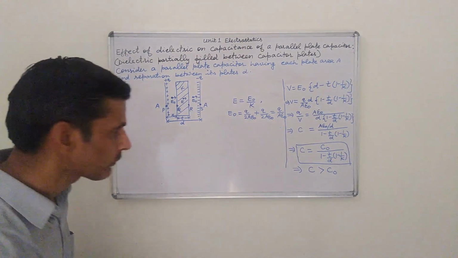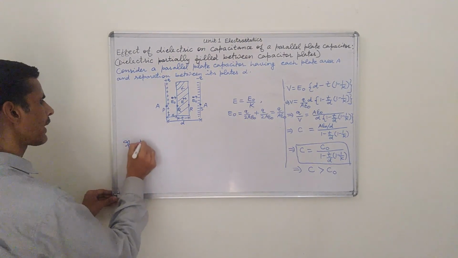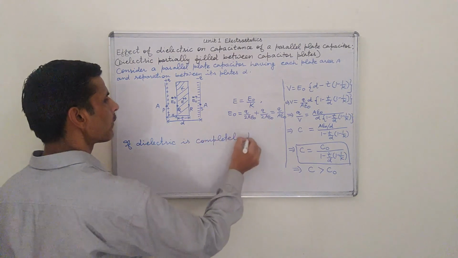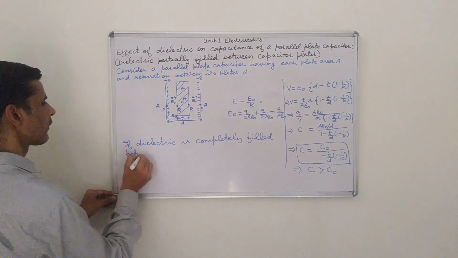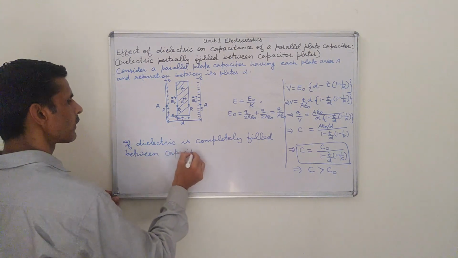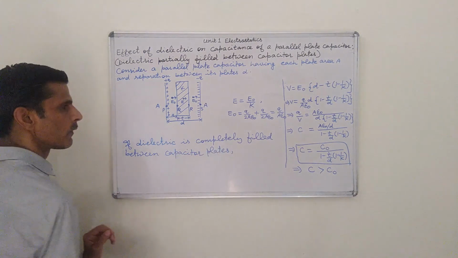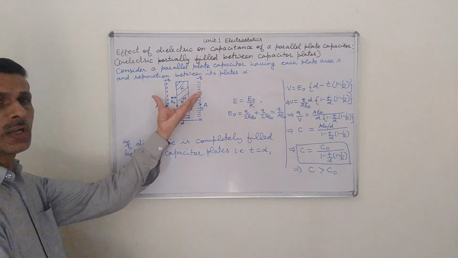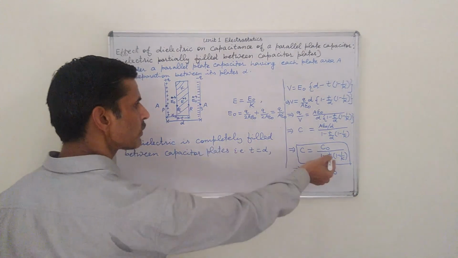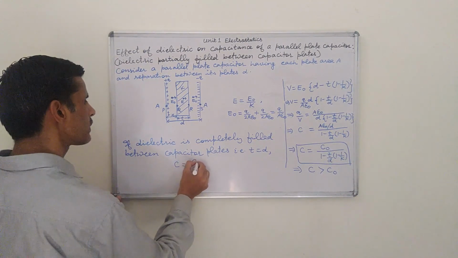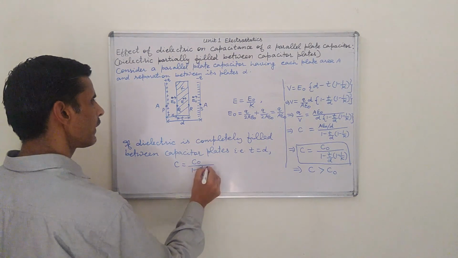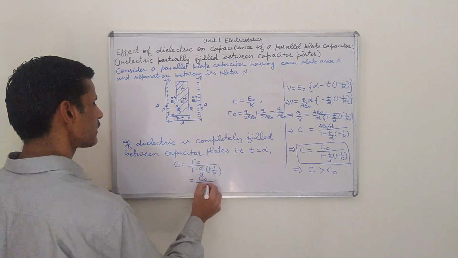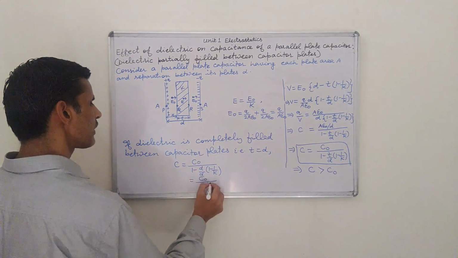And you can see, if the dielectric is completely filled between the capacitor plates, that is T is equal to D. Then from the expression, we have C is equal to C naught upon 1 minus D upon D, 1 minus 1 upon K. And it is equal to C naught upon 1 minus 1 plus 1 upon K, since D cancels out.